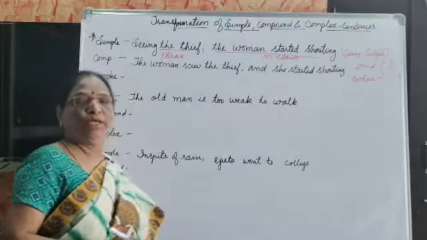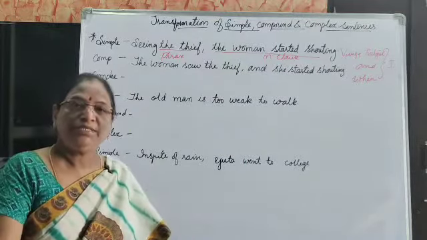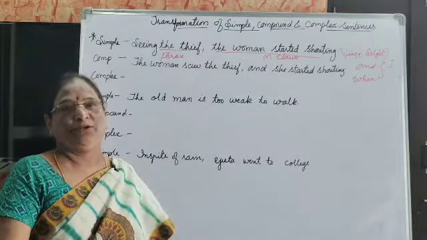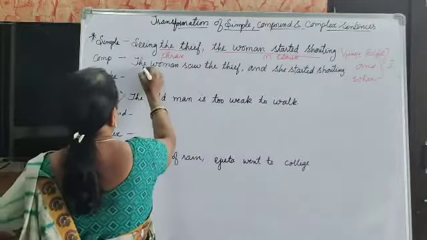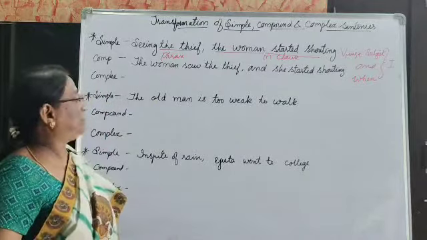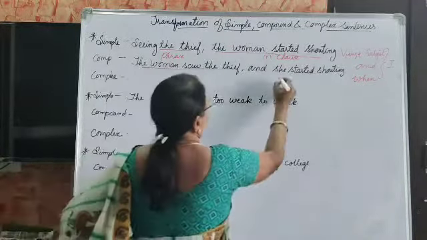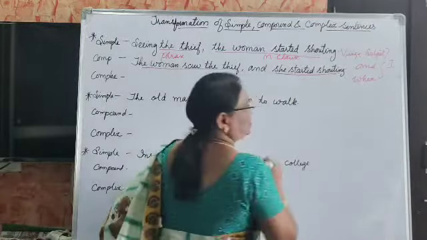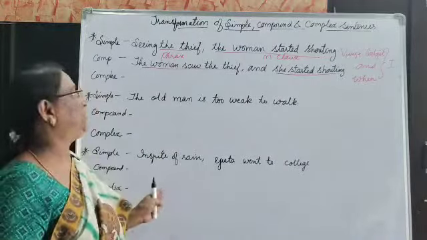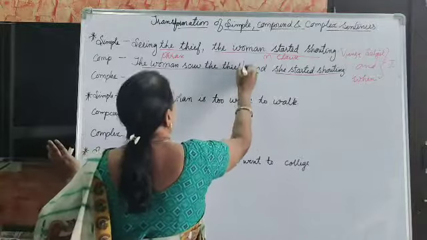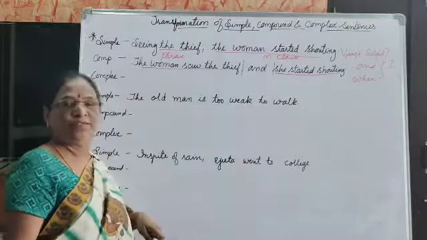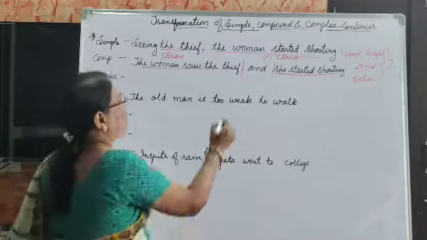As I told you, a compound sentence has 2 independent clauses. The woman saw the thief. She started shouting. Both these sentences are independent, and both these independent sentences are joined with the help of a conjunction.